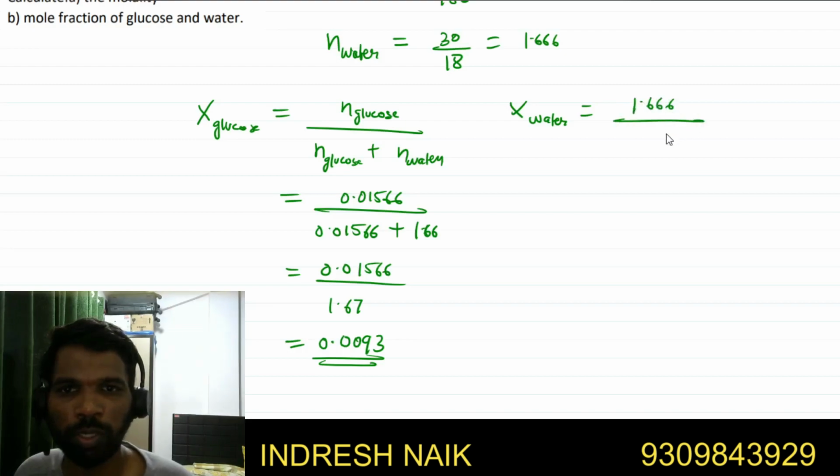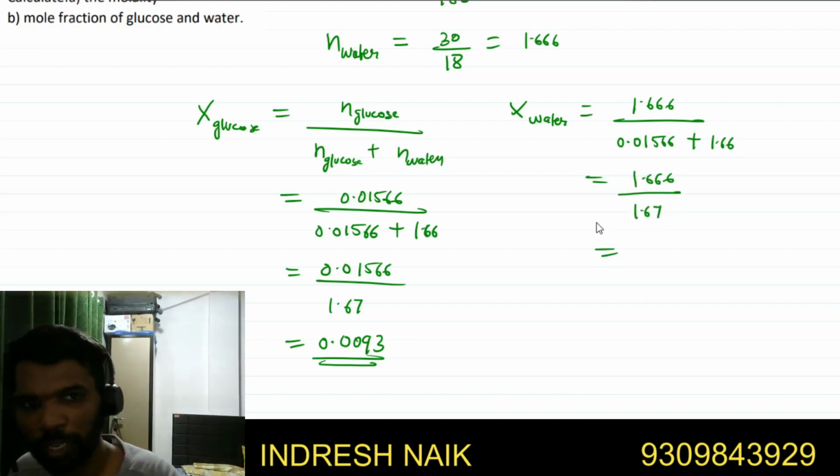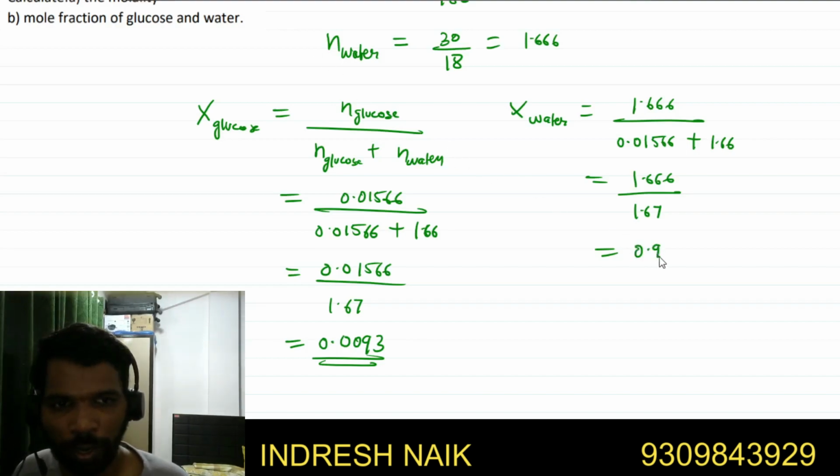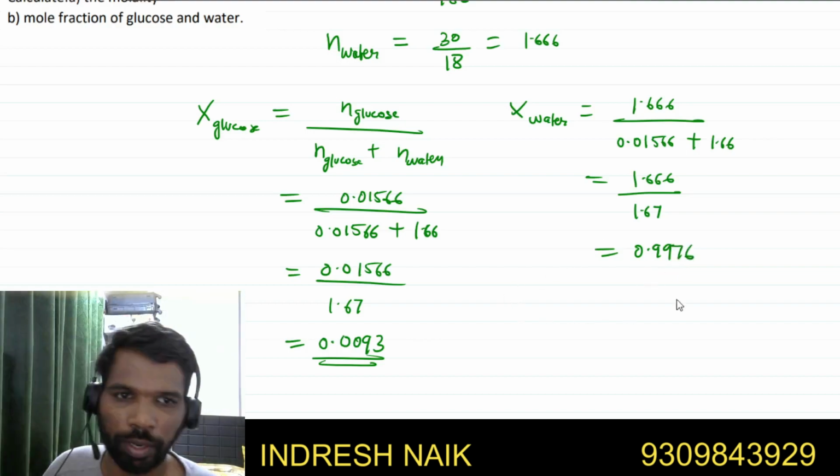This is the number of moles, and down it is what? 0.01566 plus 1.66. So this is 1.66 divided by 1.67. So this mole fraction is 1.66 divided by 1.67. So answer is 0.9976. Right? This is the answer.